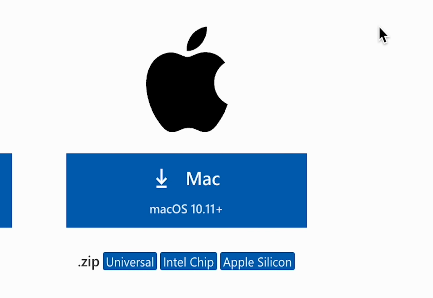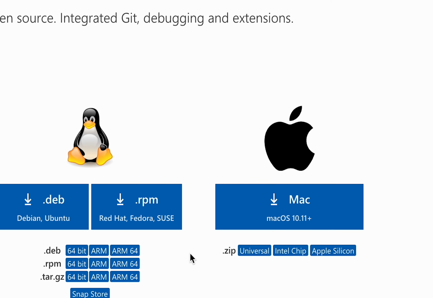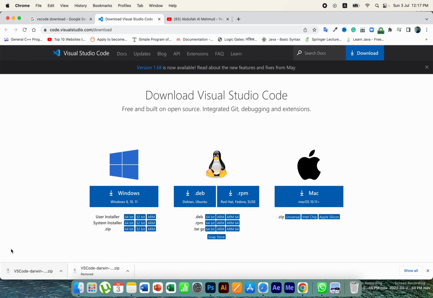As my MacBook Pro has an Apple Silicon processor, I would download this version. At the bottom area, as you can see, I have already downloaded the version for the Silicon processor. And those who have the Intel processor, just click on this and you would get the Intel version. In my case, I have downloaded the Apple Silicon version.